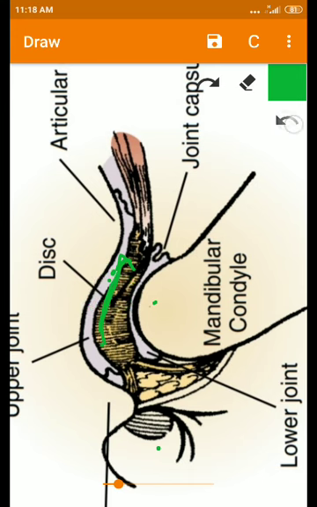It has anterior, middle and posterior portions, out of which the middle portion is the articular surface of the disc, and this part translates forward with the condyle during opening of the mouth to maintain contact with the articular eminence.